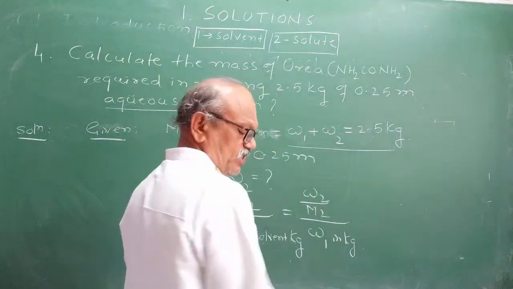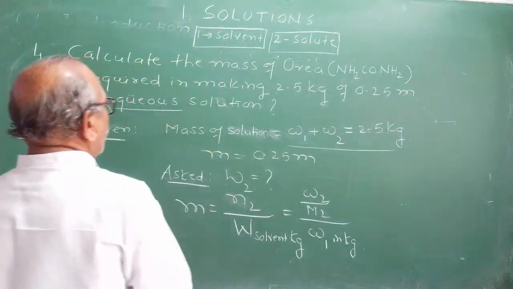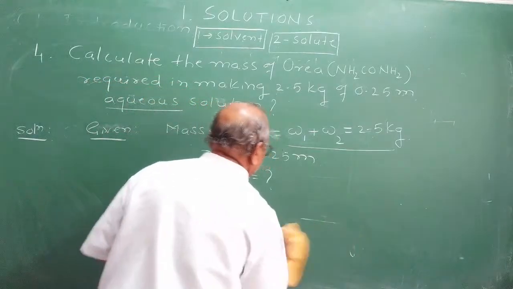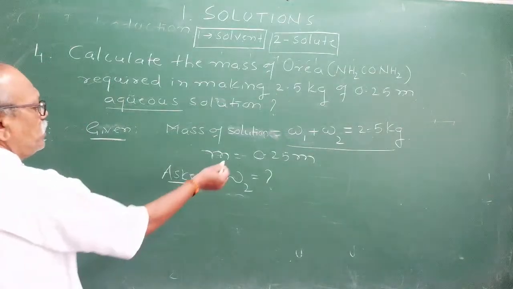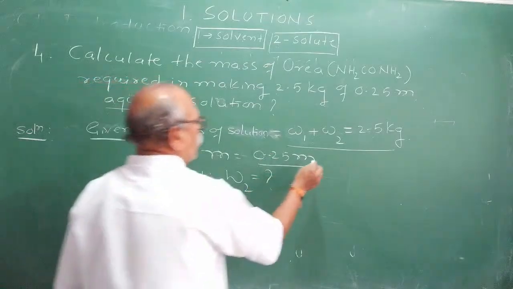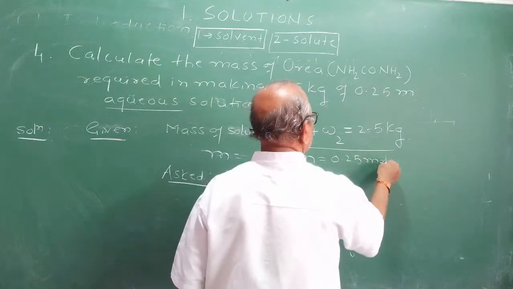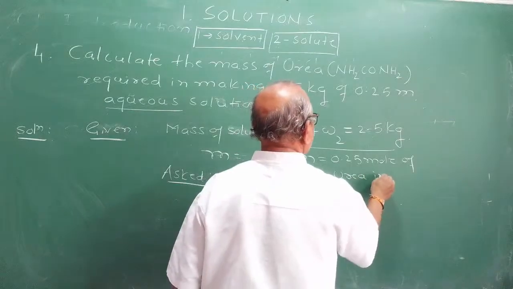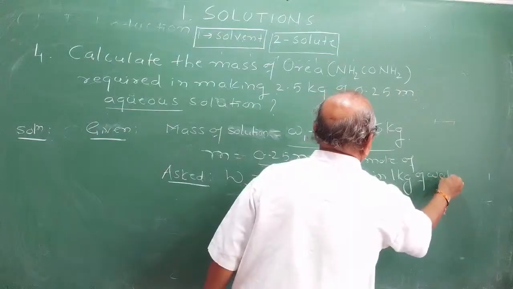Okay. Now, first of all, you try to get 0.25 molal. What is the meaning of 0.25 molal? 0.25 molal means 0.25 mole of urea in 1 kg of water, because it is aqueous solution.